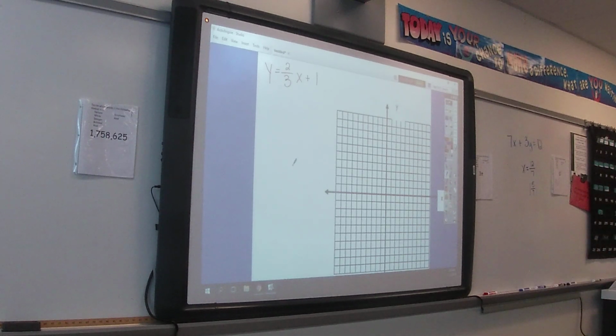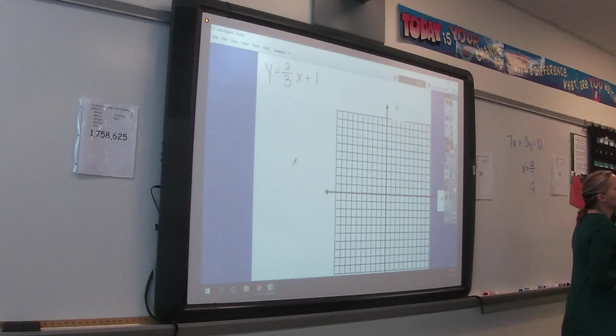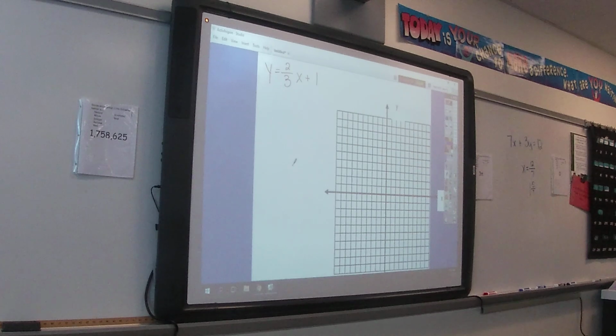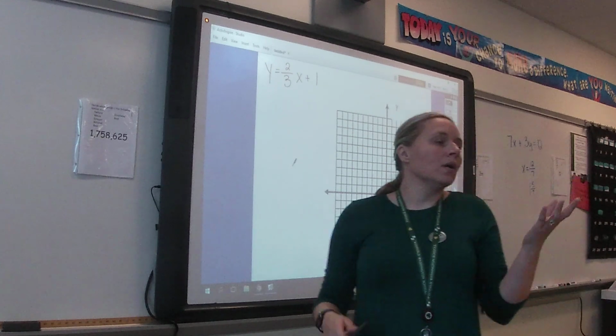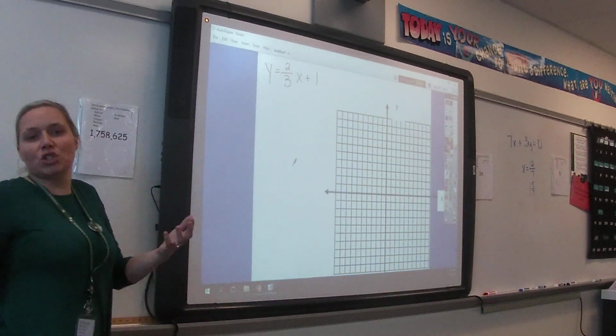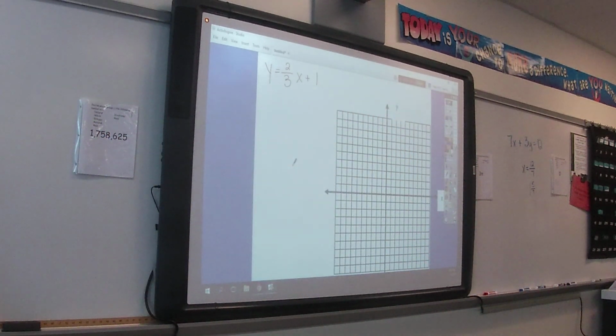I'm writing down the steps because I think sometimes it helps us process and break it down into smaller chunks. Please understand, it's not like you have to think every step along the way in the long run. Hopefully you'll do this enough times that you're like, oh, I can just graph this and I know what I'm doing. These aren't required or forced in a super specific order type of thing.